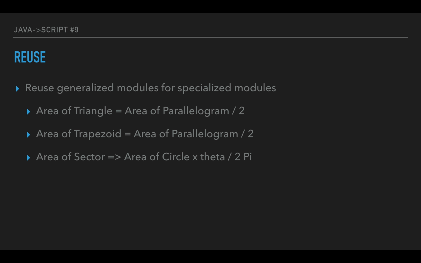Similarly, area of trapezoid is equal to the area of a parallelogram divided by 2 as well. So we'll reuse that. The area of a sector depends on the theta angle. So in this particular case, we have a ratio of theta divided by 2 pi, which is 360 degrees in radians. Let's get to the code.